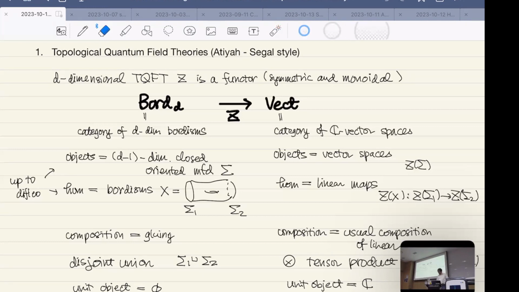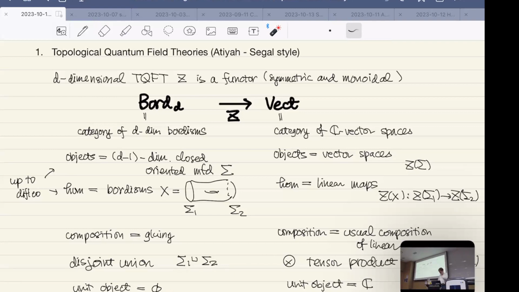And it also has a tensor structure. So if you consider two (d-1)-dimensional manifolds, sigma 1 and sigma 2, then you can consider the disjoint union. You regard this as an analog of the tensor product. And as I said, the empty set is allowed.